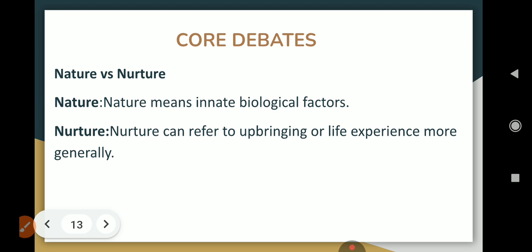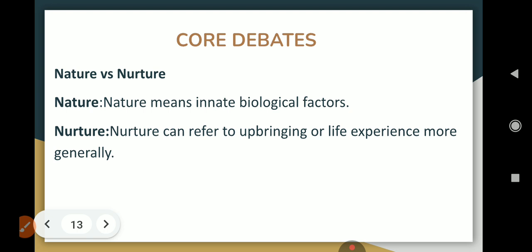If you take nature, your height potential, eye color, skin color, inborn intelligence, some people will have that intelligence by their birth. They are called gifted children. And nurture refers to the influences of environment like family upbringing, nutrition, education, school environment, culture and society.